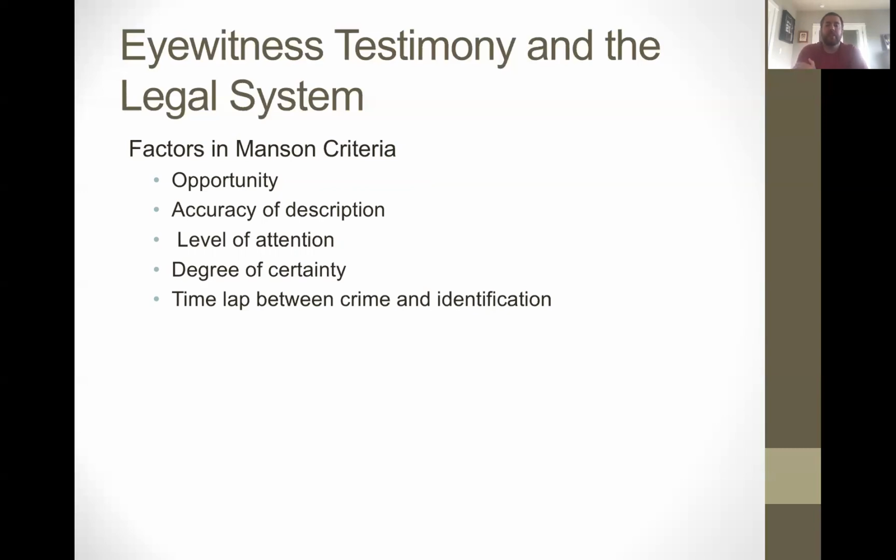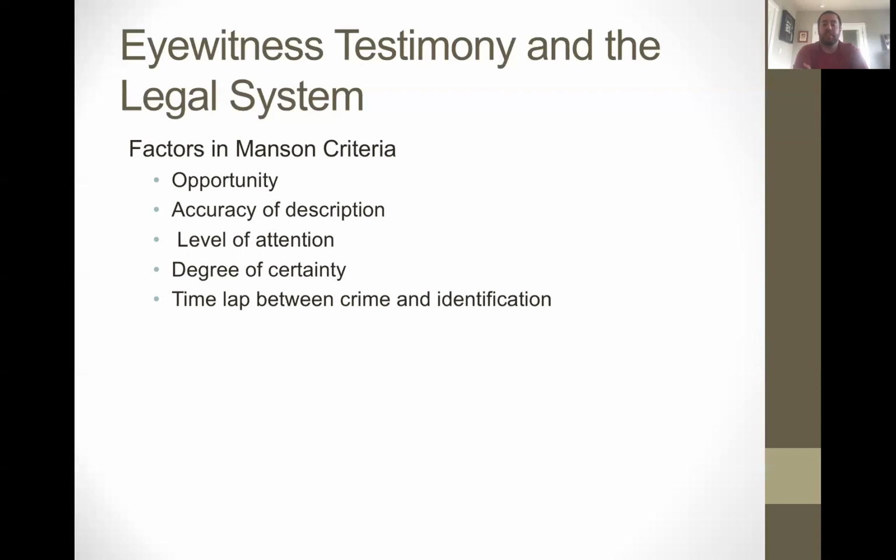Accuracy of description. So how precise is it? And if it's just a super vague description, which typically early on with crimes, this is what we see. It's something like Caucasian male, about 6 foot to 6'3" and 180 to 250 pounds. Okay, there's a lot of people that are going to fit into that description.